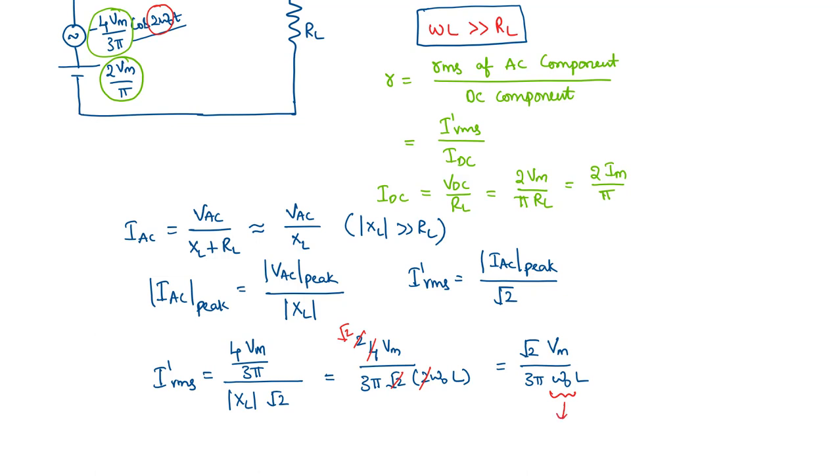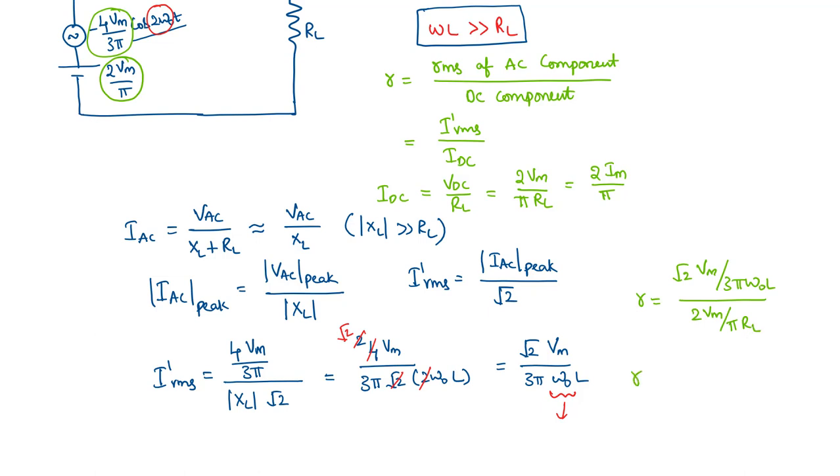Now knowing both values, we can write the ripple factor, which is I dash RMS, found here as square root 2 Vm over 3 pi omega naught L, divided by IDC, which is 2 Vm over pi RL.